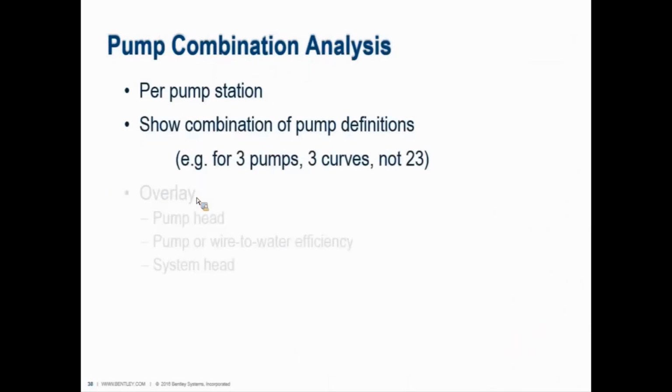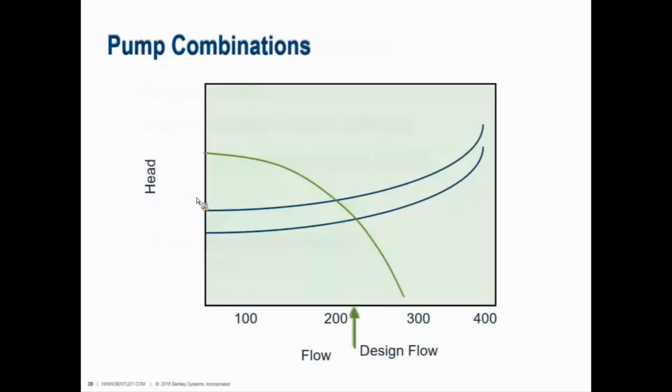Could look at pump combinations, look at wire-to-water efficiency, see if you need to have 3 pumps or 2 pumps, and here's a couple graphs to show you why pump combinations really even matter. Pump 1 in green, 2 pumps in red.